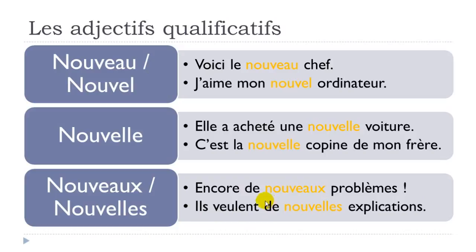Ils veulent de nouvelles explications. Same thing here, if you want to make the little liaison. Remember it was exactly the same thing: you put de and you don't put des. You put de in both cases for the plural form, whether masculine or feminine.